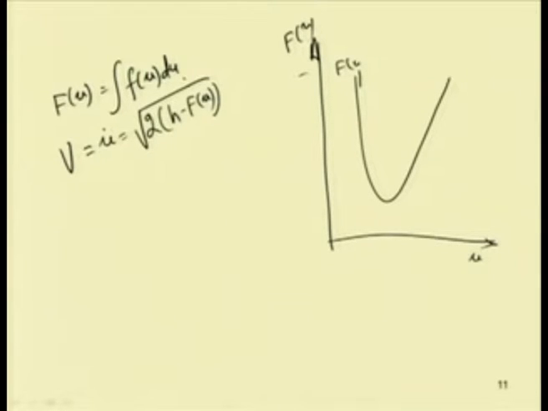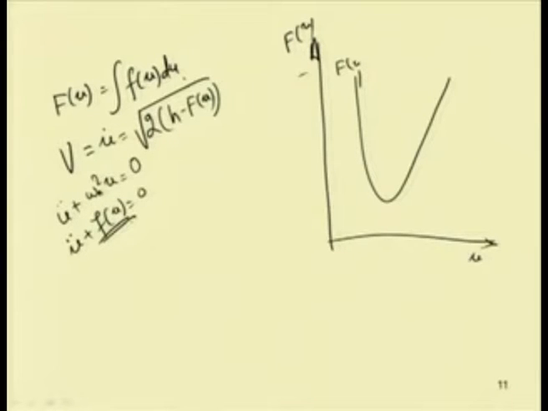For example, in case of the spring mass system, I can write this equation in this form: u double dot plus omega n square u equal to 0, or if there is some forcing, then I can put it f cos omega t or f sin omega t. So, u double dot plus f u equal to 0.